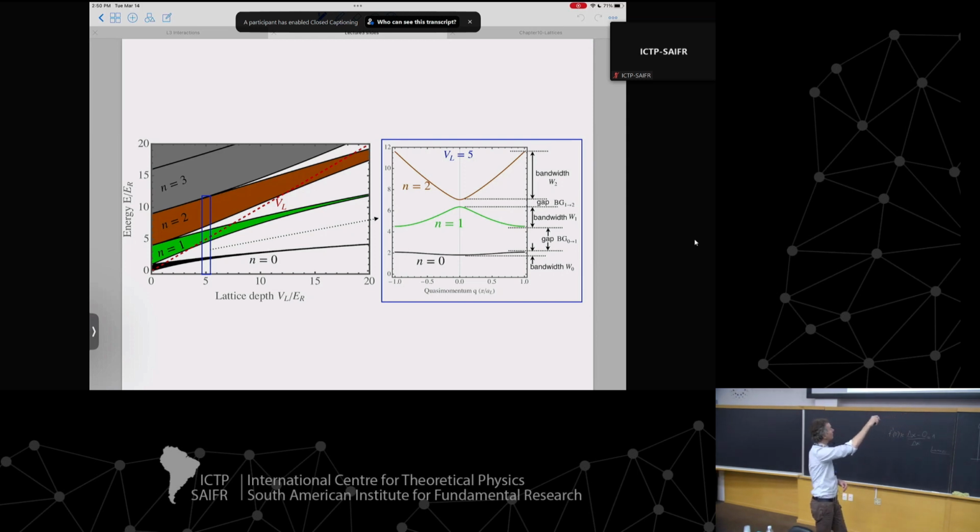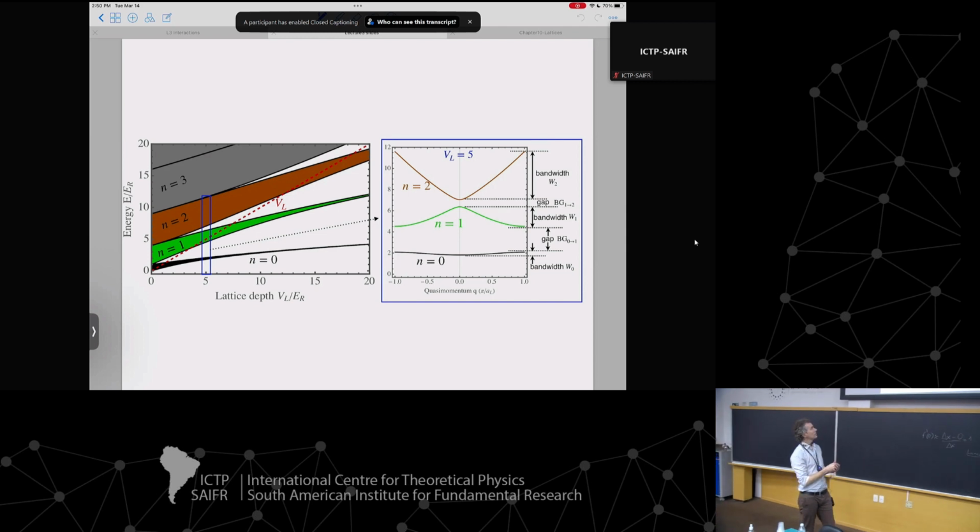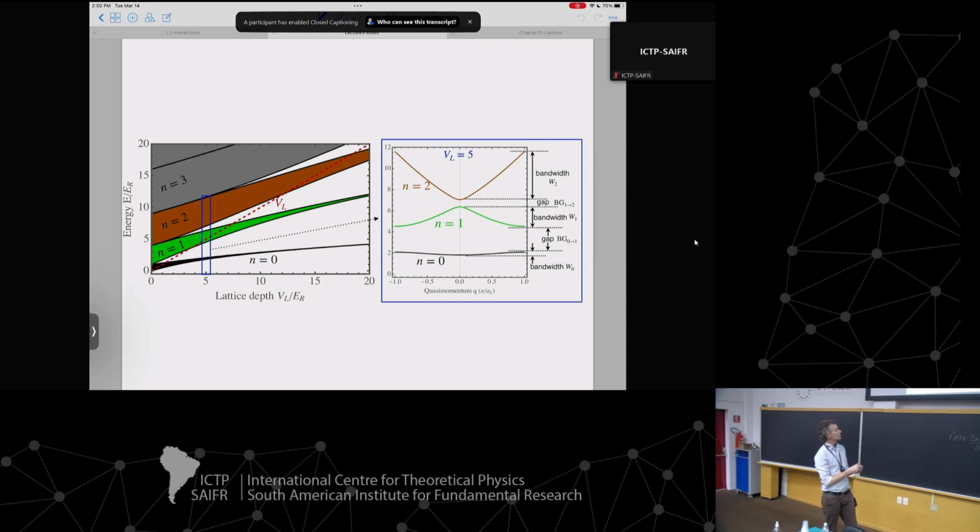As I make the lattice depth stronger and stronger, the kinetic energy is basically what's available in that bandwidth. So as this bandwidth gets smaller and smaller, and the interaction energy doesn't go down, it goes up as well, then the ratio between those two becomes large. Thank you. Good question.